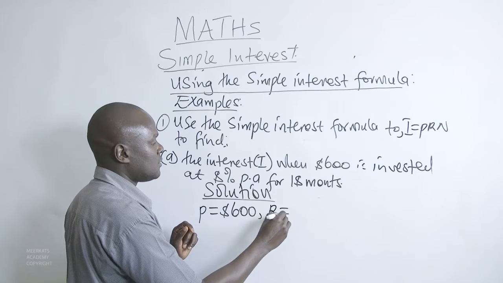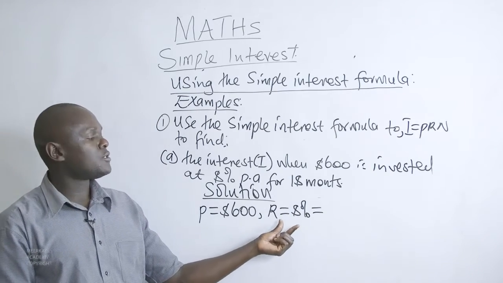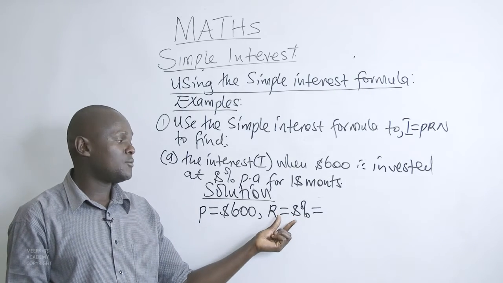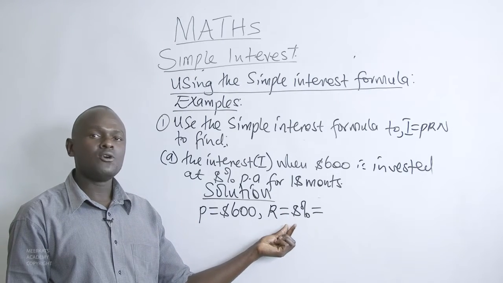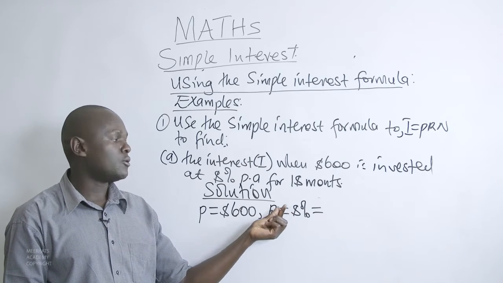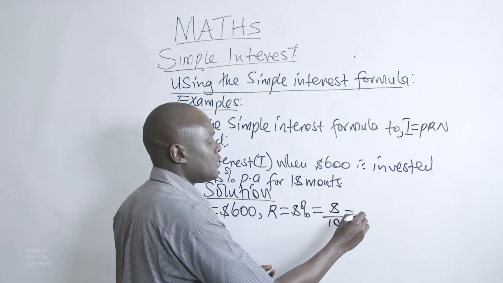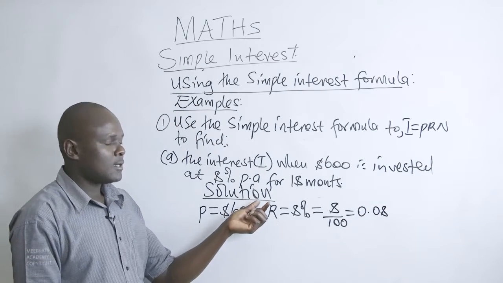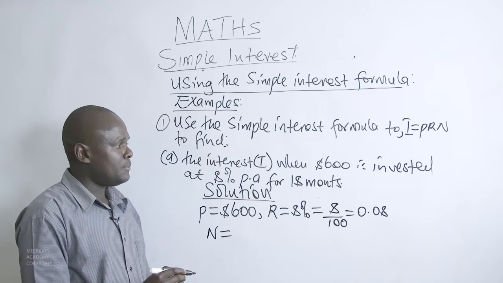The rate is 8%. Before we use it, we are supposed to convert it to a fraction or a decimal before we use it for calculation. And we have already looked at how to convert percentages into fractions or decimals. This will be 8 out of 100, which can be equal to 0.08. Another thing that we are provided with is the duration of the period.